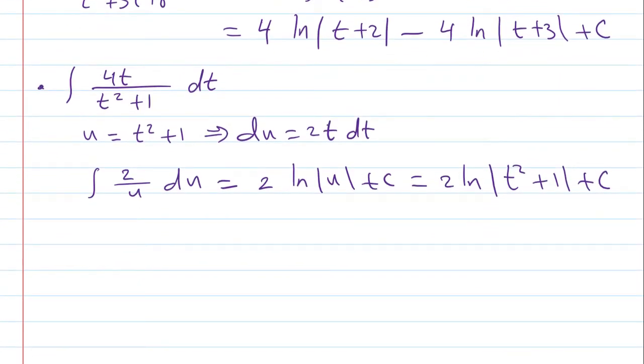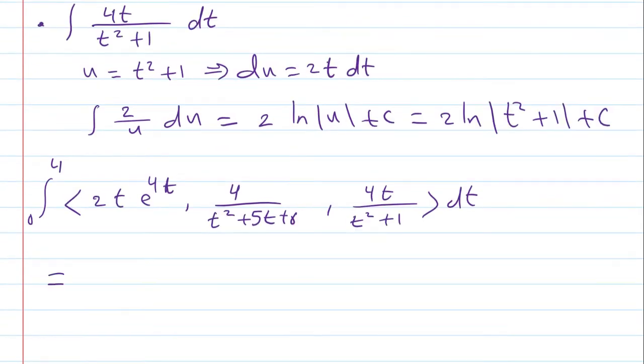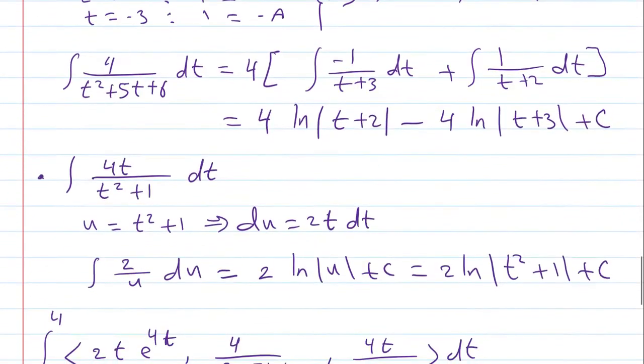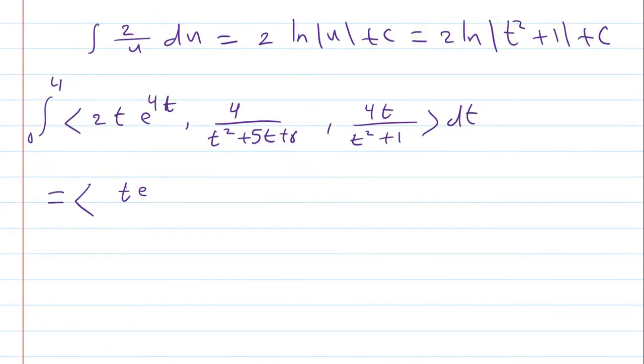Now we can write the integral of the given vector valued function as follows. The first component is 1/4 t e to the power 4t minus 1 over 16 e to the power 4t, so here we have t e to the power 4t divided by 4 minus e to the power 4t divided by 16, and we are going to substitute from 0 to 4.